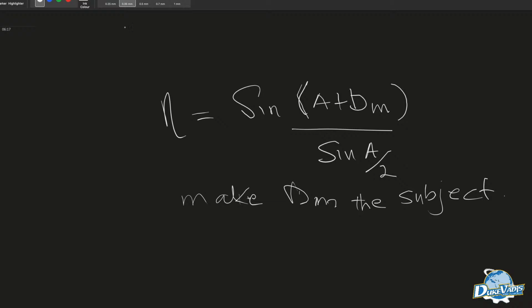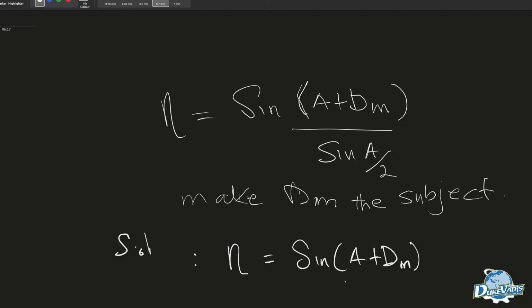Let me rewrite the equation once again for us to have a closer look at it. So our solution: we know the refractive index is given as sine of (A plus D subscript m) divided by sine of A over 2.